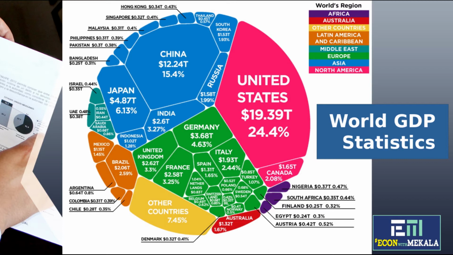These differences are occurring because the value of output produced in each country is different. Countries like the United States or China produce large quantities of goods and services, therefore the GDP statistics are relatively higher than countries in the African region or Asian region.